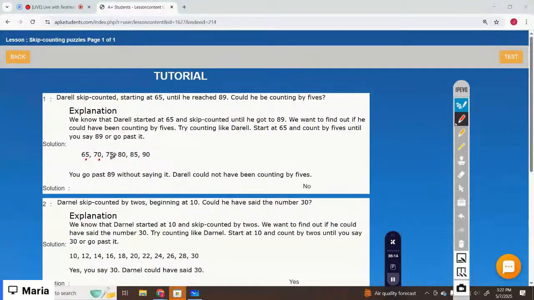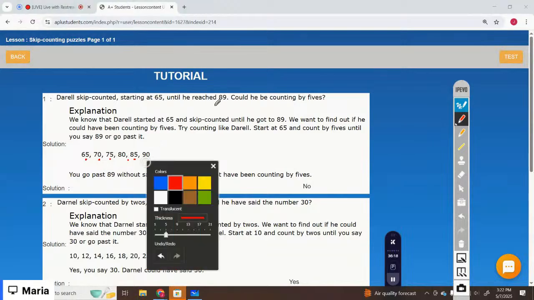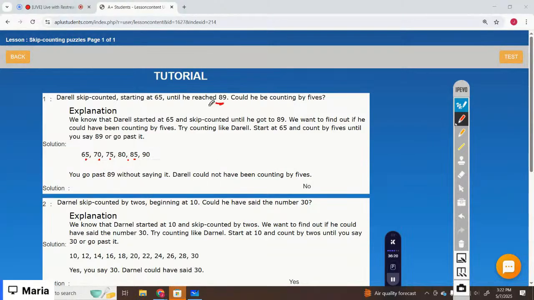So then 65, 70, 75, 80, 85, 90. You do not count 89 when you skip count by 5. So that means no. We started at 65 and we reached 89. That means you are not counting by 5.